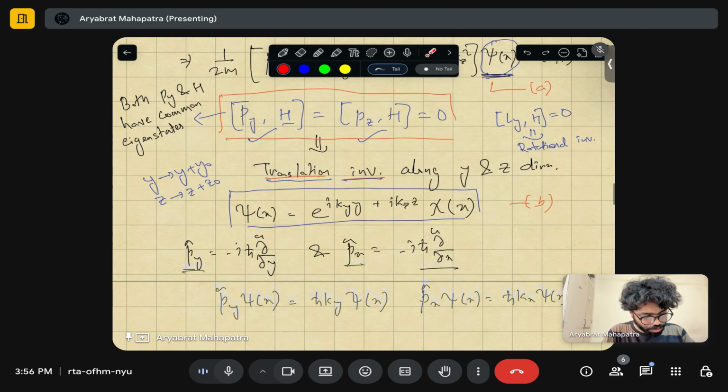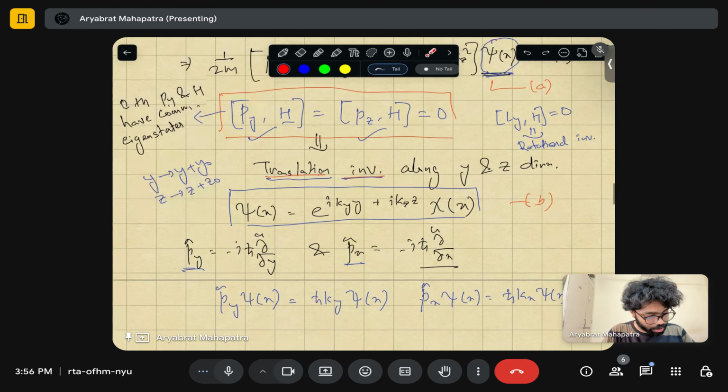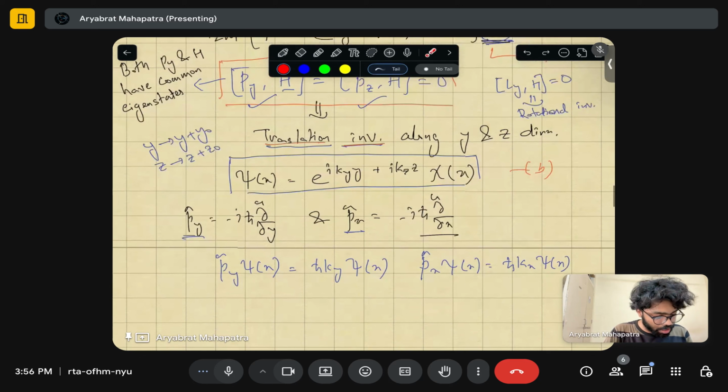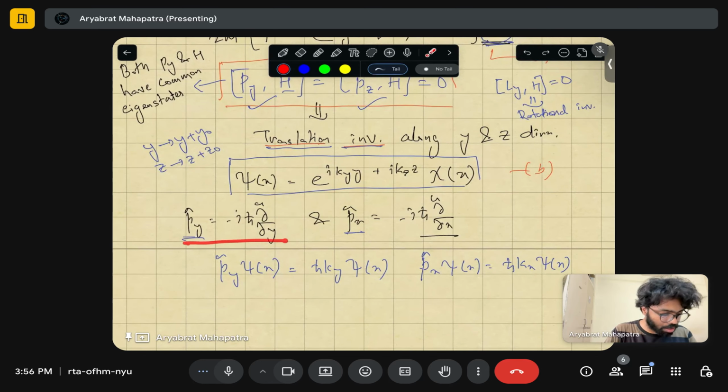Suppose you define your momentum operator as Py equal to minus i h bar del by del y, and similarly for Px. This is just the momentum operator definition.